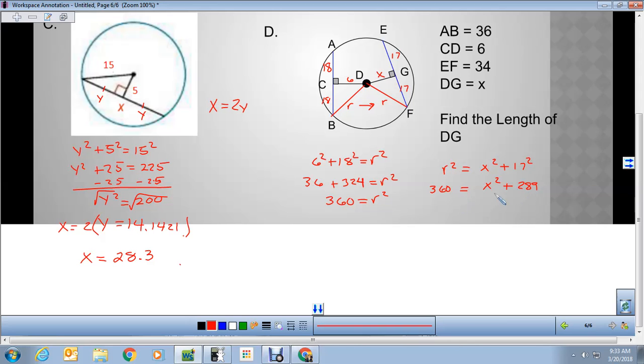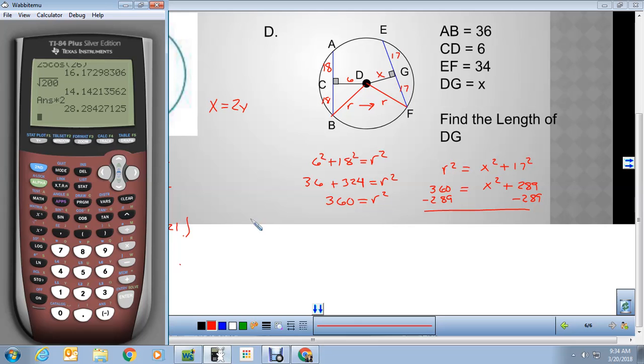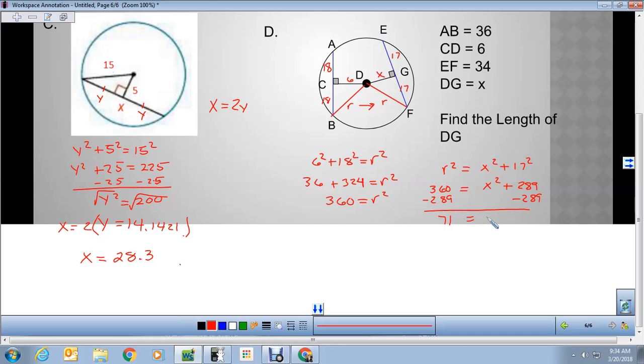So now we're going to solve for x squared. So we're going to subtract 289. We'll do that in our calculator. We will take 360 minus 289. That gives us 71. 71 is equal to x squared.